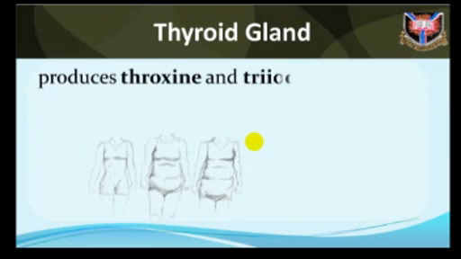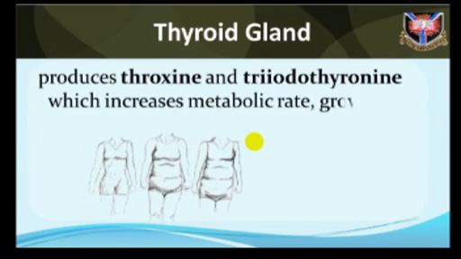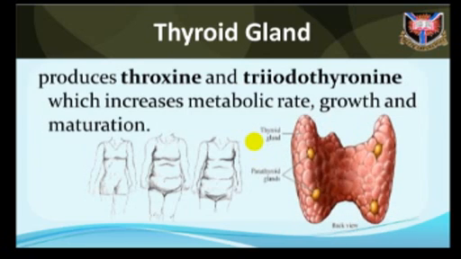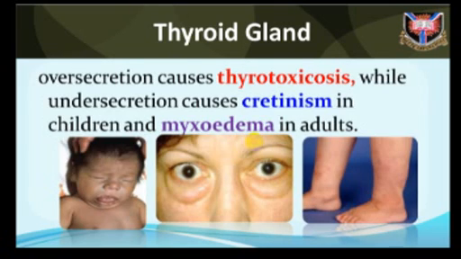It produces thyroxine and triiodothyronine, which increase metabolic rate, growth, and maturation. Oversecretion causes thyrotoxicosis, while undersecretion causes cretinism in children and myxedema in adults.